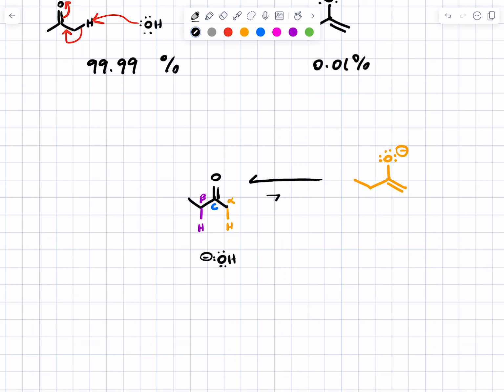We're going to do reversible enolate formation. At the same time, we might also remove purple alpha proton to make purple enolate.